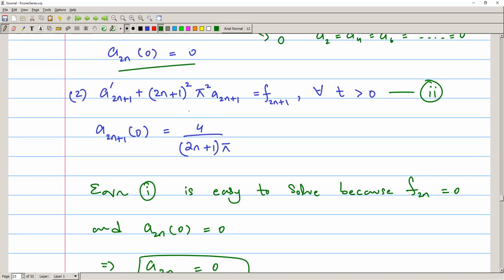Therefore, we have written a prime 2n plus 1 plus (2n plus 1) squared pi squared a_{2n+1} is equal to f_{2n+1}. So here the condition we already formulated, that is a_{2n+1} of 0 is equal to 4 over (2n plus 1) pi, right?